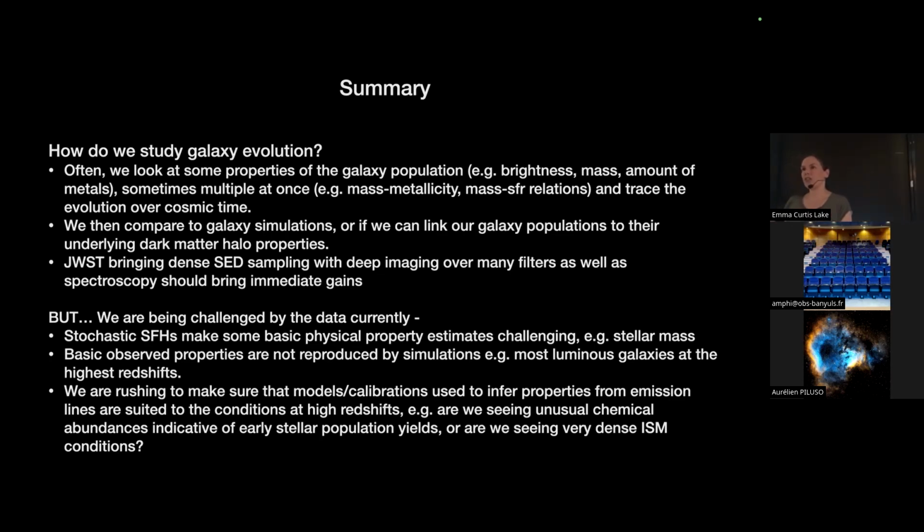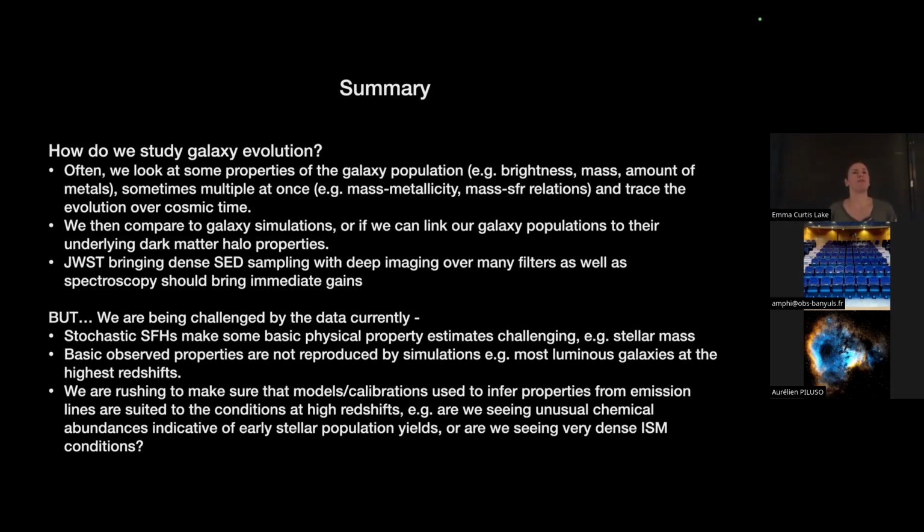We can't actually constrain a star formation history from some photometry data or even from a spectrum, because it is generally dominated by your youngest stars. So at the moment, we're having to go with informative priors. So we might assume that they have to increase in their star formation rate over time. That's a very simple one.